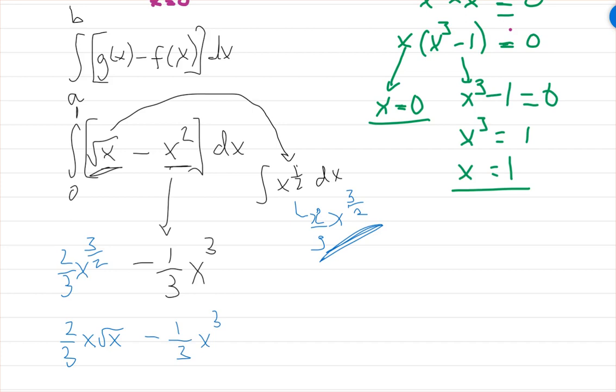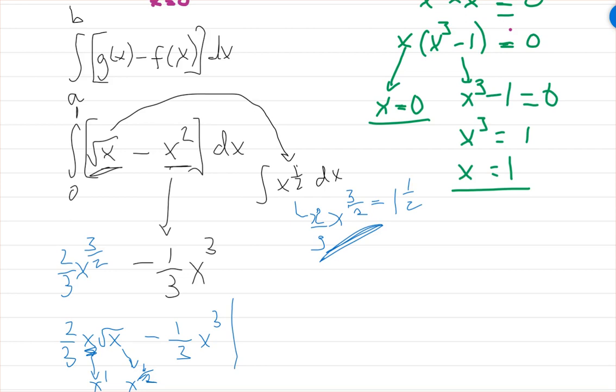If you were not allowed to do rational exponents, you'd have to write it the way I wrote it on the bottom. And just make sure you know 3/2, that's the same as 1 and 1/2. So 1 whole, that's x to the first, and that's x to the 1/2. So that's where the quote-unquote 1 and 1/2 come from. So x to the first, x to the half, okay?